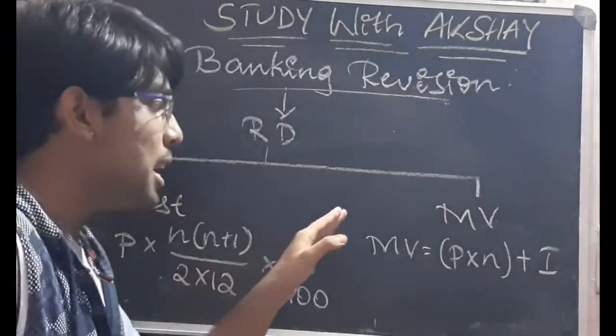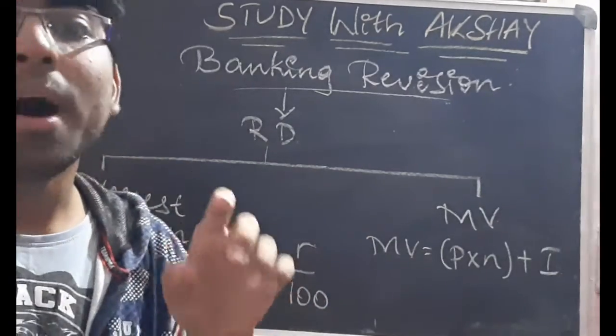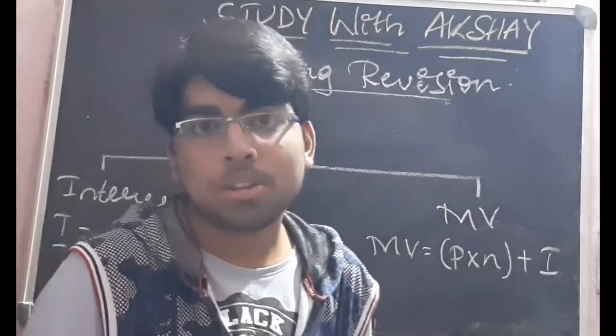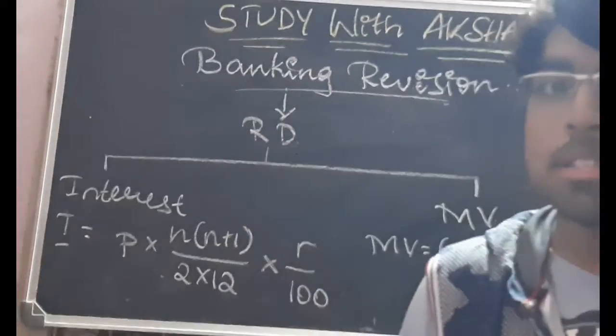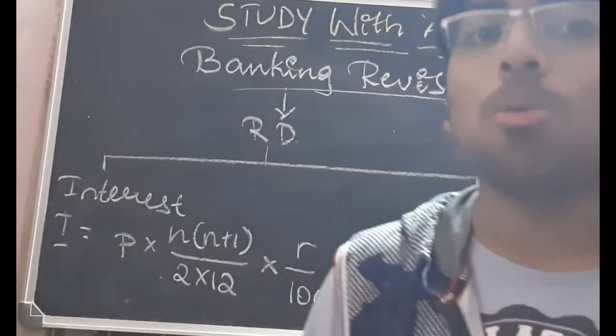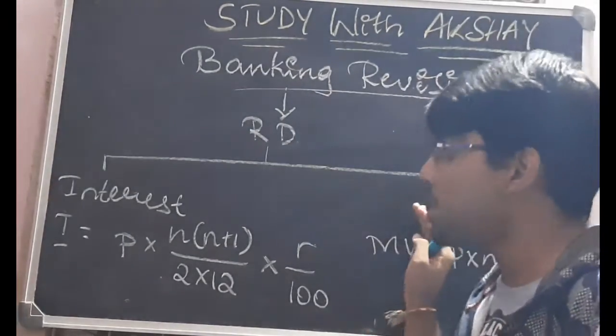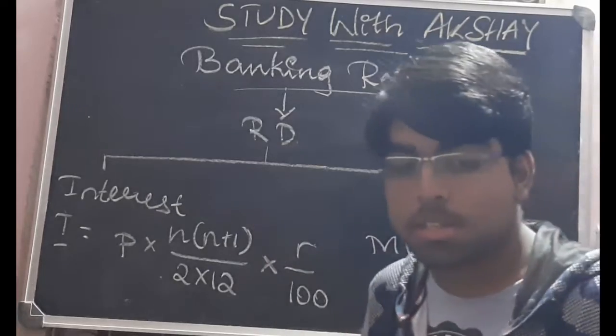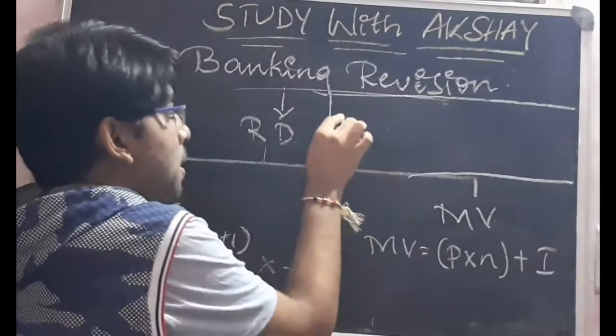Along with this, I had taught you one combined formula also in the first video, that is the introductory video. I had taught you a combined formula of both maturity value as well as interest. So let me write down that combined formula over here, children. In this portion of the board, I will write the combined formula.